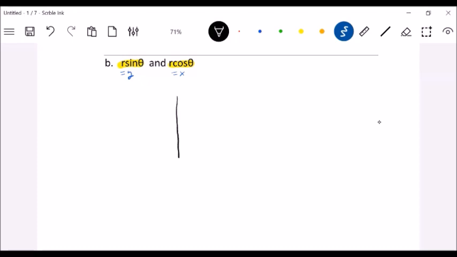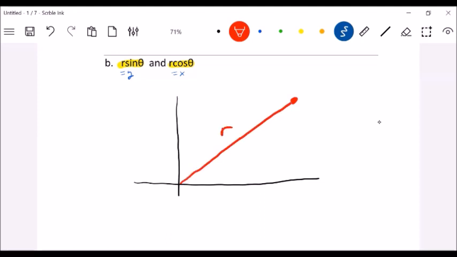So I'm going to take a nice big graph here. Sorry, the lines are not completely straight, but it'll give the right idea here. And I'm going to take a point here, just like I did before, with the radius here and the angle here. We also know that this point is y, this amount is y, and the amount down here is x.